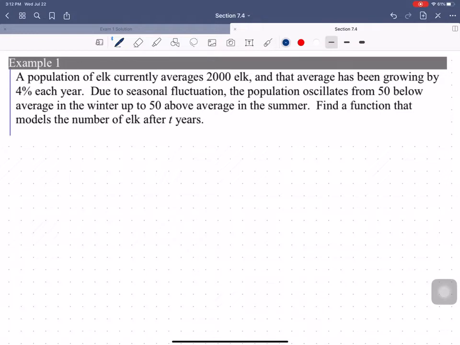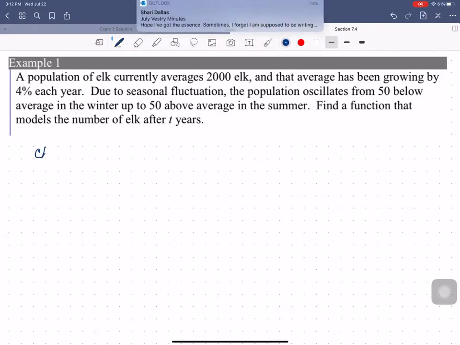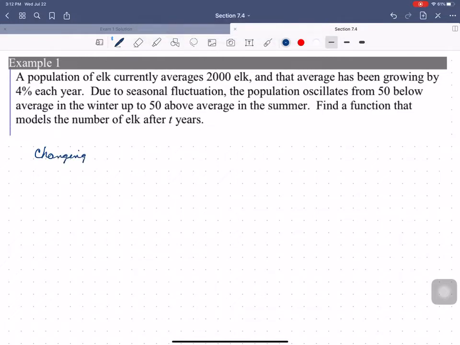Okay, so we've got two components to what's going on here. We've got a changing average, and this changing average represents the midline.